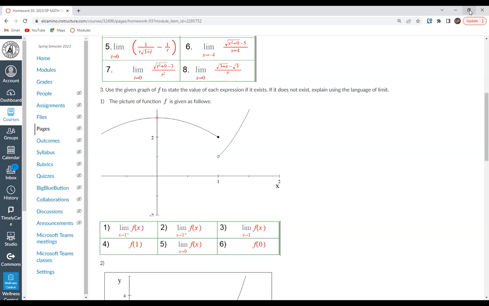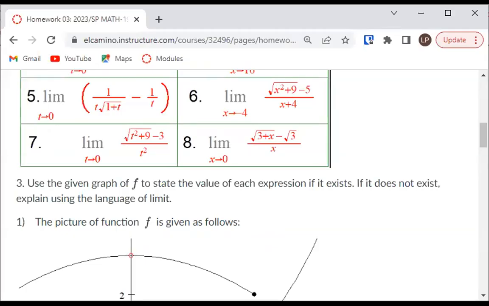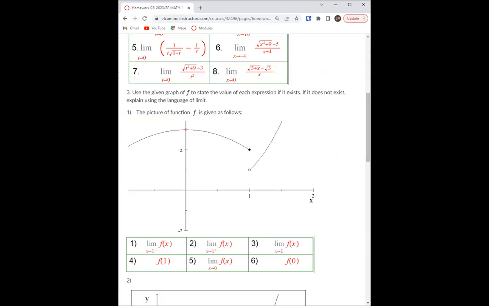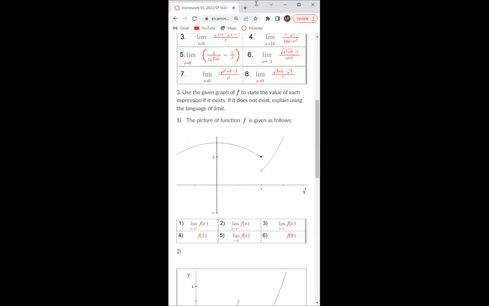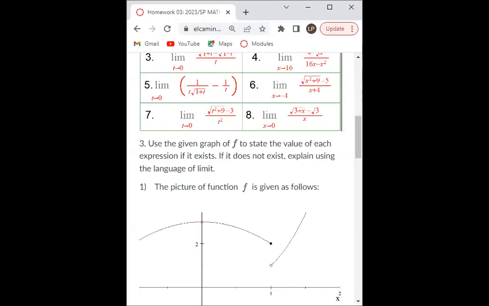I'm going to use some more screen. I'm going to make this just a little smaller so I can do both screens, so I can type the proper mathematics for you.